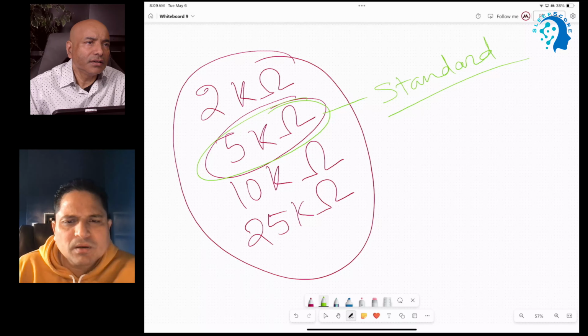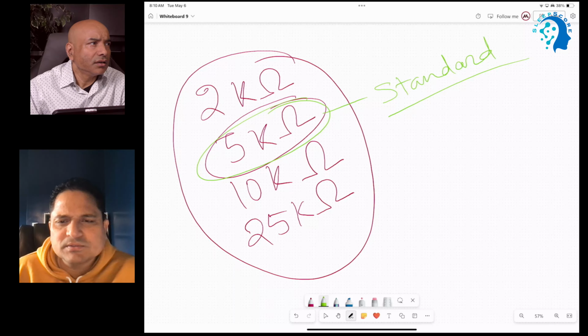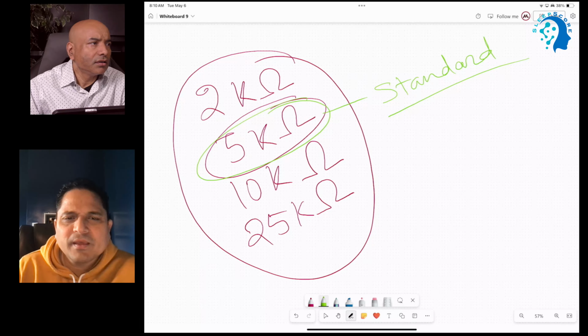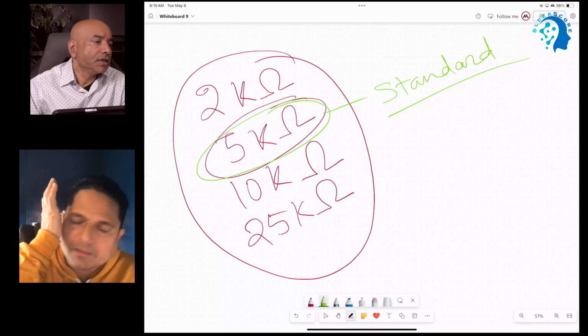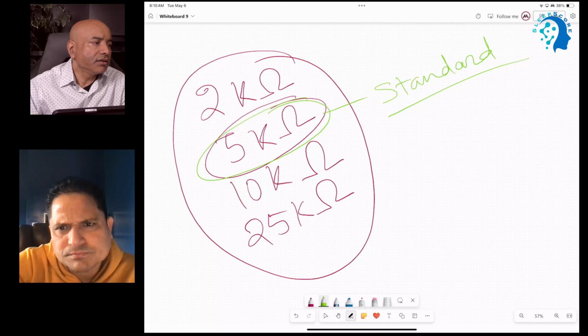Alright, let me show you. Every technician, when they run the study, has to check the impedance.